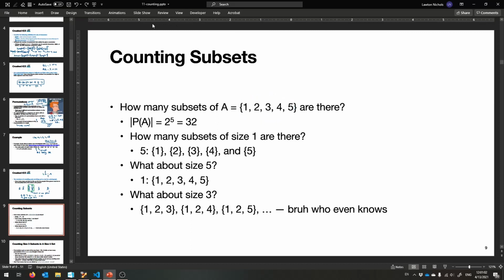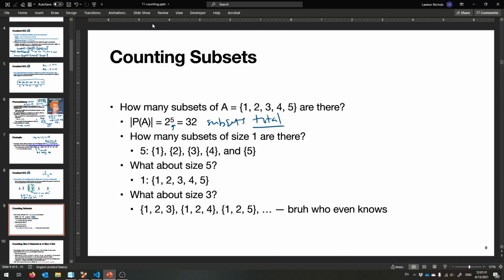So the first question, just to jog our memories, is how many subsets of a size 5 set are there? The answer is you take the power set. What's the size of any power set? It's 2 to the size of the original set. So that's 32, right? 2, 4, 8, 16, 32. That's how many subsets there are total.